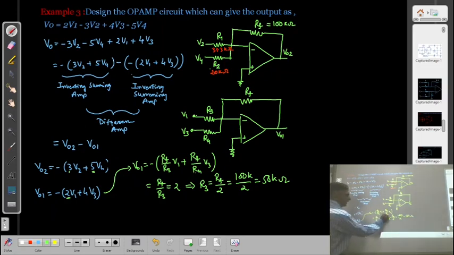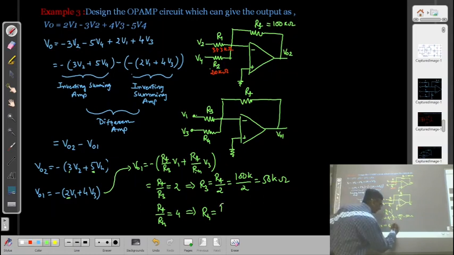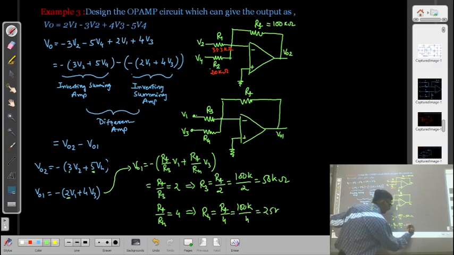Similarly, now RF by R4, and that is equal to 4. So here R4 is equal to RF by 4, 100k divided by 4, so it will be 25 kilo ohm.